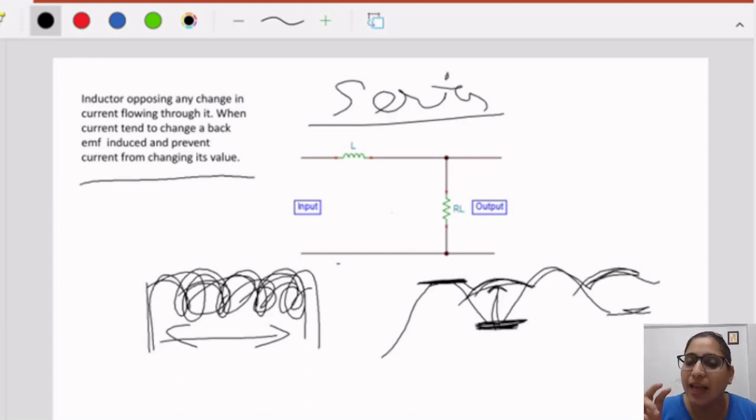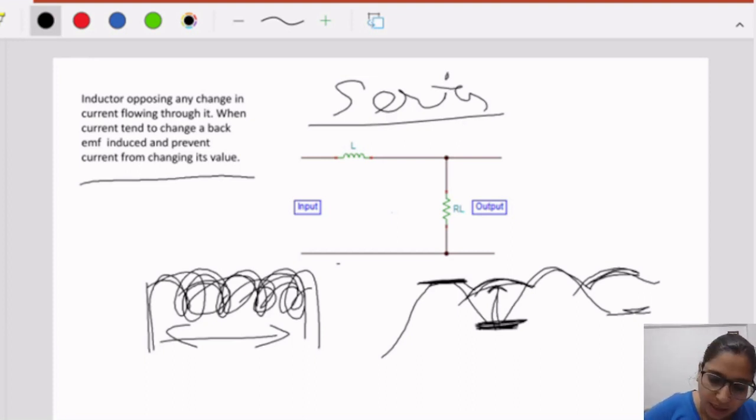Because this inductor has a property that when the current is changing in a particular manner, it produces a back EMF to counter that current and provide extra current to manage the level, and also takes current from the input to manage the level. Taking means the inductor is storing the energy in magnetic form, and giving means it is producing the back EMF and giving the energy to the system.